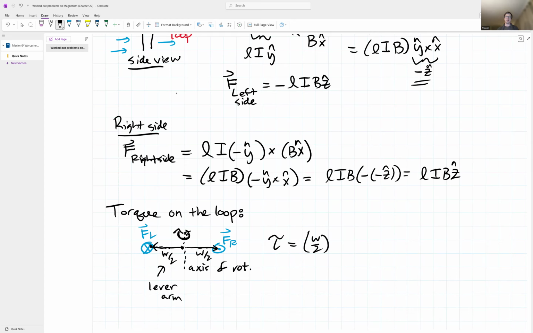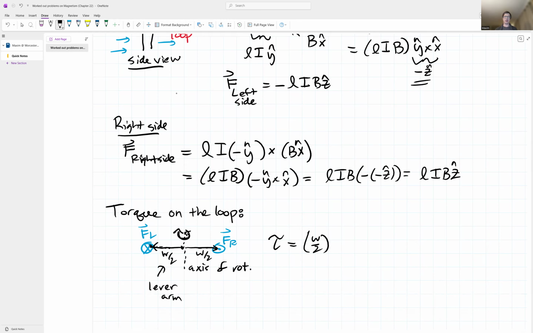I'm just drawing the little lever arms there. Okay, so it's W over 2, that's the lever arm distance, times the force, which is the one on the left. And they're causing rotation in the same direction, so both of the torques have the same sign.